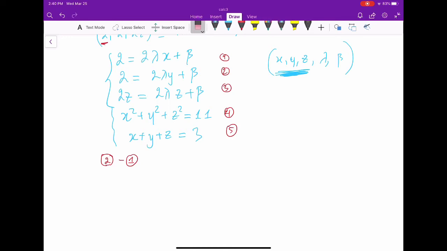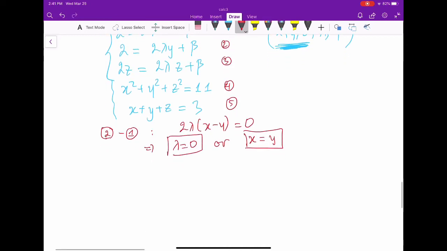You can subtract 1 and 2. You get 2 lambda (x minus y) equal to 0. From here, lambda equal to 0 or x equal to y. Again, we have two cases, right?